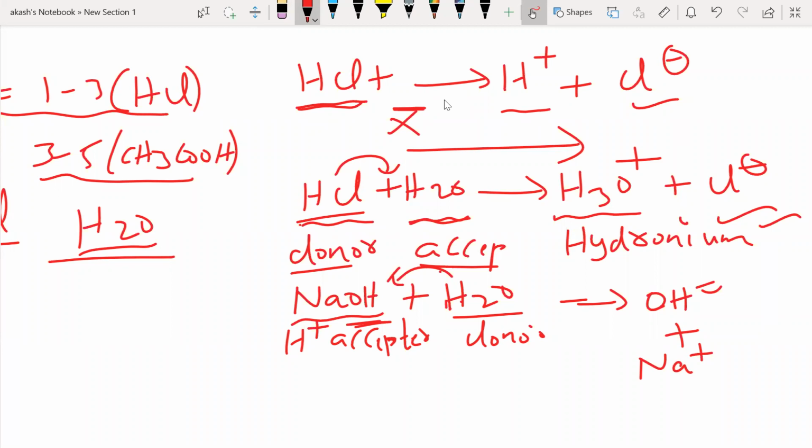Now I'm going to have a water molecule also. Hope you understand how this works. If you don't understand, it's pretty simple. This OH minus is going to take H plus. What is remaining from the water molecule is OH minus, and this OH minus and the abstracted H plus are going to form a water molecule, and what is remaining is Na plus. That's it. Now you understand how bases are giving me OH minus.